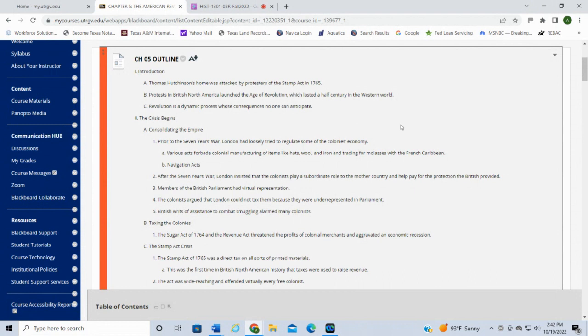So what I want you all to understand here is that these different acts, right? These are looked at as very unpopular, and this, of course, leads to protests here in North America. So this is where we're going to start to see the beginnings of a uniquely American concept of protesting against the government.